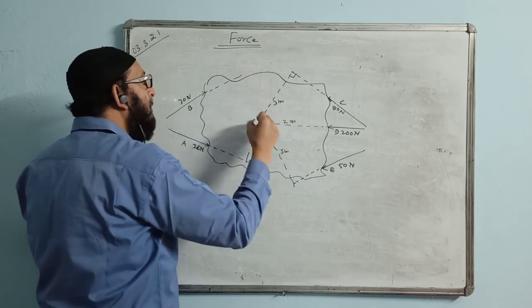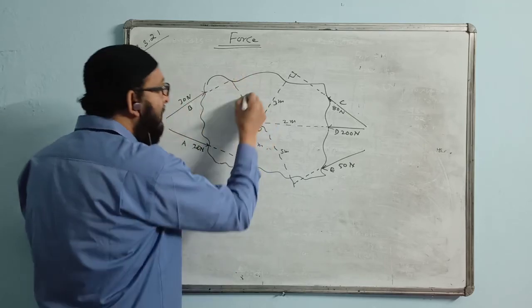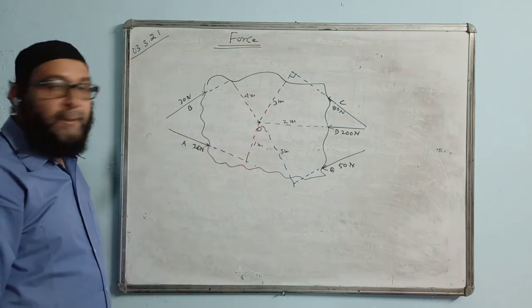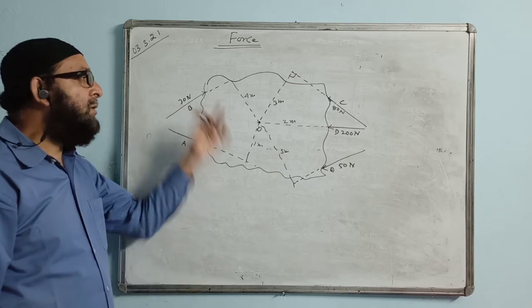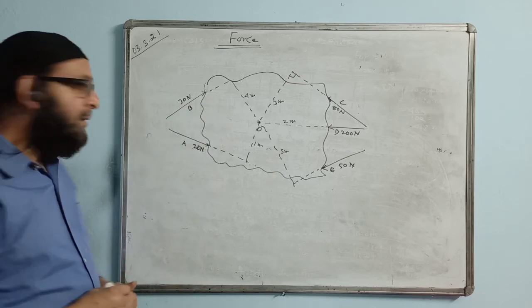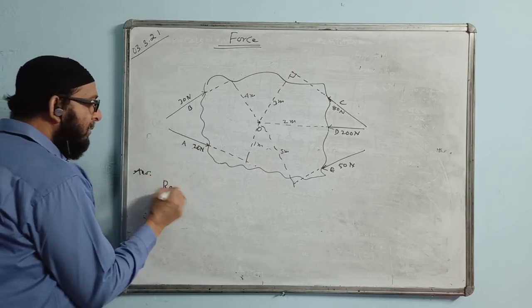And this one is given 4 meters. This is ICC specimen paper. This looks slightly complicated, but the working is very easy. Answer is quite short. We write resultant moment.